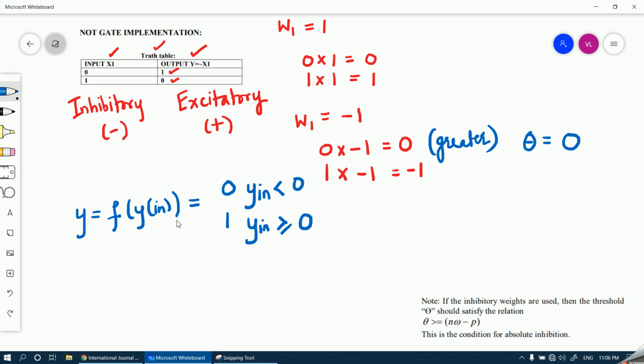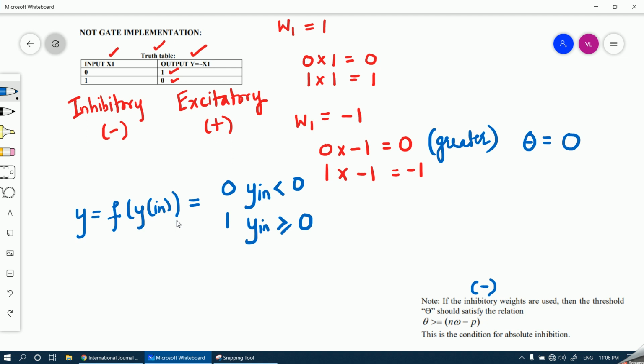So there is a small note mentioned over here for NOT gate implementation. If inhibitory weights are used, that is, if negative weights are used, then the threshold theta should satisfy this relation.